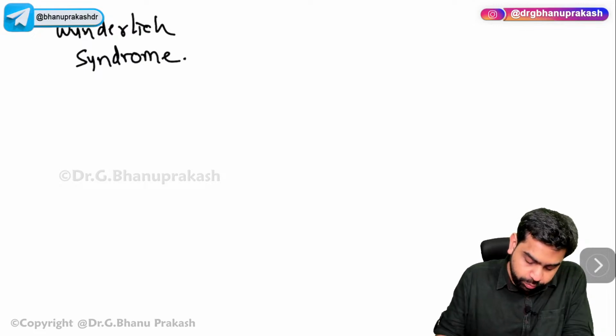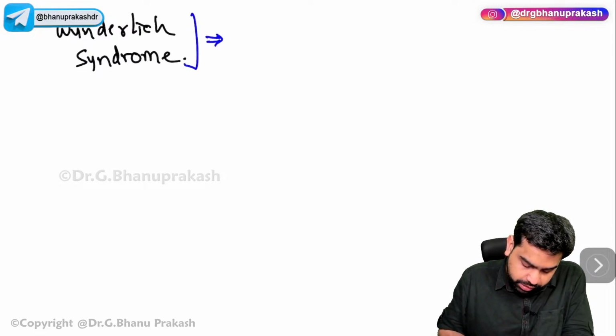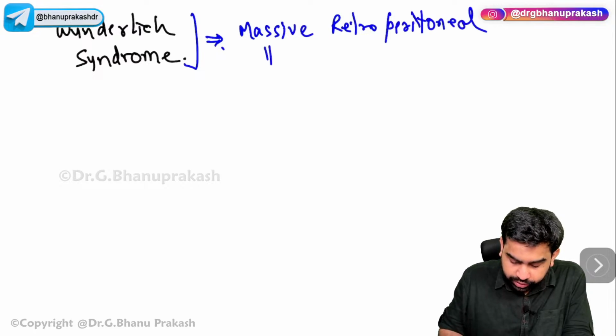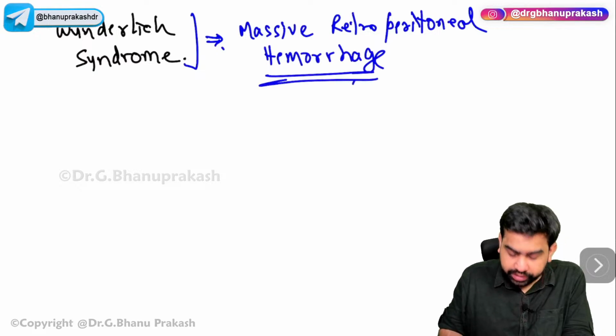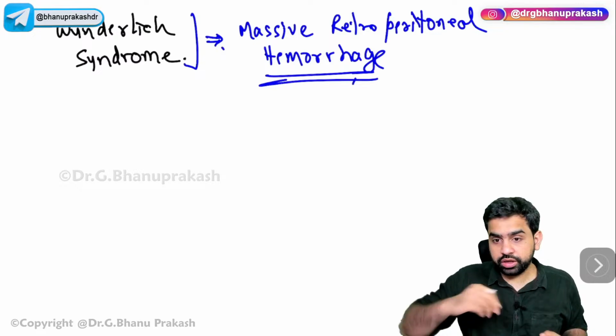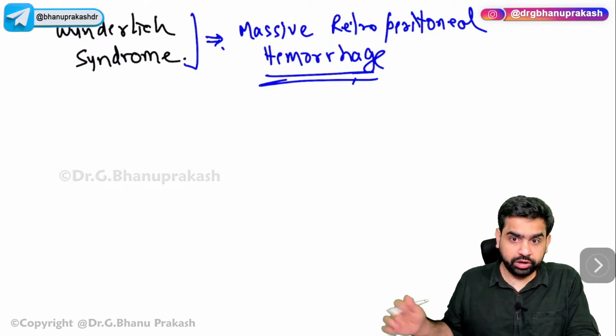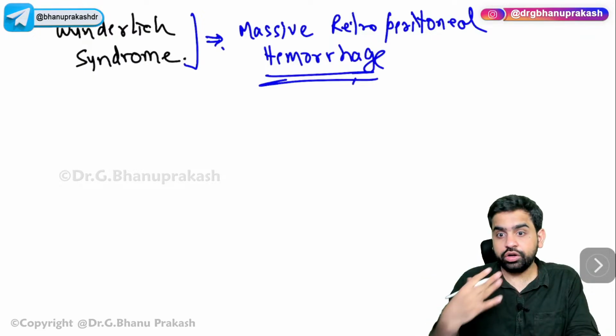Wunderlich syndrome is a condition where there is a massive retroperitoneal hemorrhage. Why? Because there is bleeding from one particular vessel. You understand my point? So massive retroperitoneal hemorrhage happens in patients with Wunderlich syndrome.